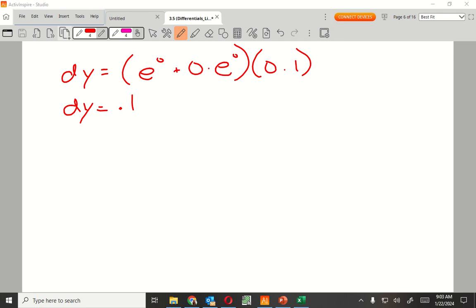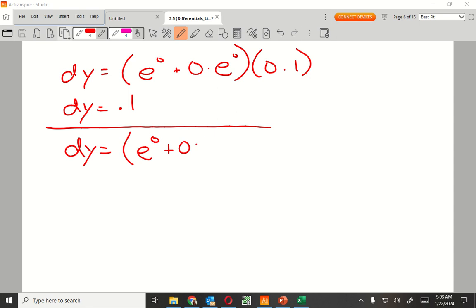Okay, so the next one, I'm plugging in 0.01. So dy equals e to the 0 plus 0 times e to the 0 times 0.01. Again, that's going to give me 1 times that. So dy is 0.01.